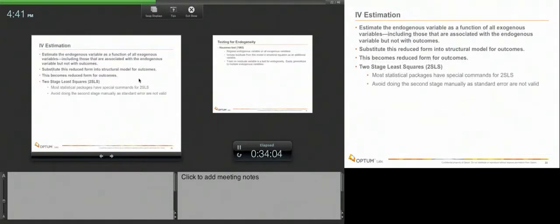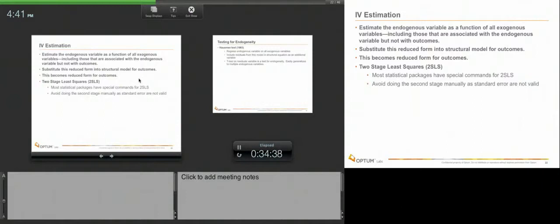So the way economists did it initially was to take that variable, say it's a treatment variable, and regress it on everything else. So they just took all the other variables that were exogenous and ran a regression with that as the dependent variable and all those others. And they didn't really care about the coefficients or anything like that. But what they wanted to do was predict the value for that endogenous variable as a function only of those exogenous things.